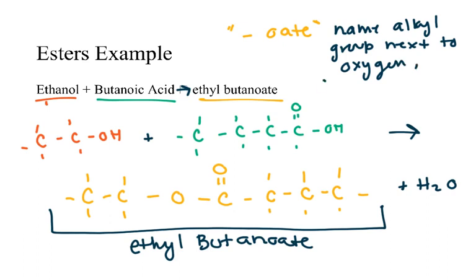Then we're going to follow that up with the parent chain, and we're going to remove alkane from the end and add -oate to the end there. Esters are a little complicated. We're going to talk about them more in the next lesson when we talk about reaction types. We have 2 more we should be able to get through before the time runs out, and then I'll post this for you guys.